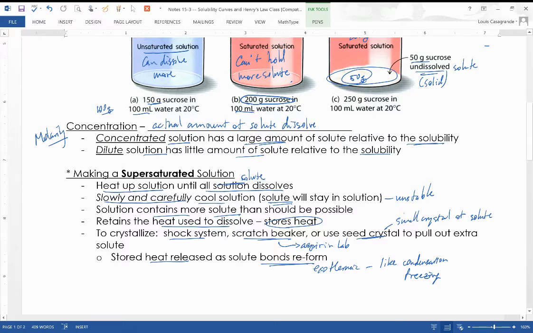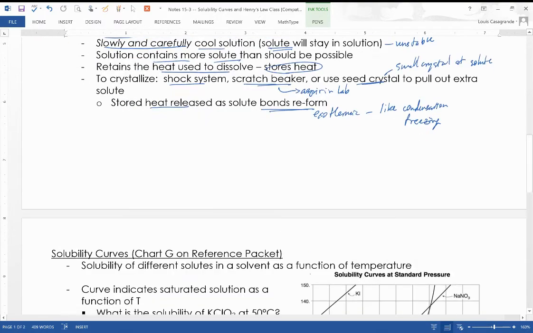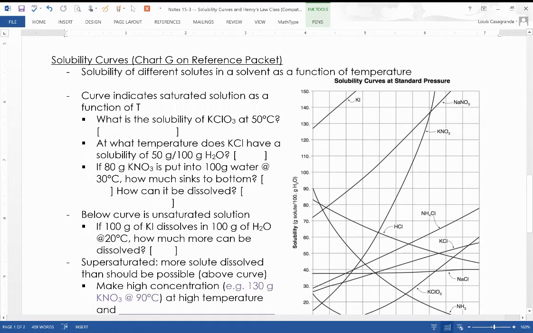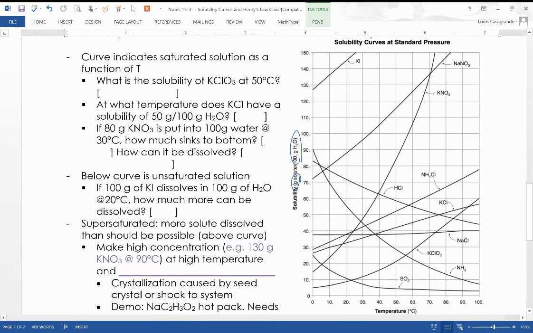So if you turn to the next page, we have a diagram, which is also chart G on your reference pack, called the solubility curves. And this is the curves for a number of different solutes for how soluble they are in 100 grams of water. So there's our grams of solute on the y-axis per 100 grams of water. And on the x-axis is the temperature going from 0 degrees Celsius to 100 degrees Celsius, because this is for liquid water.